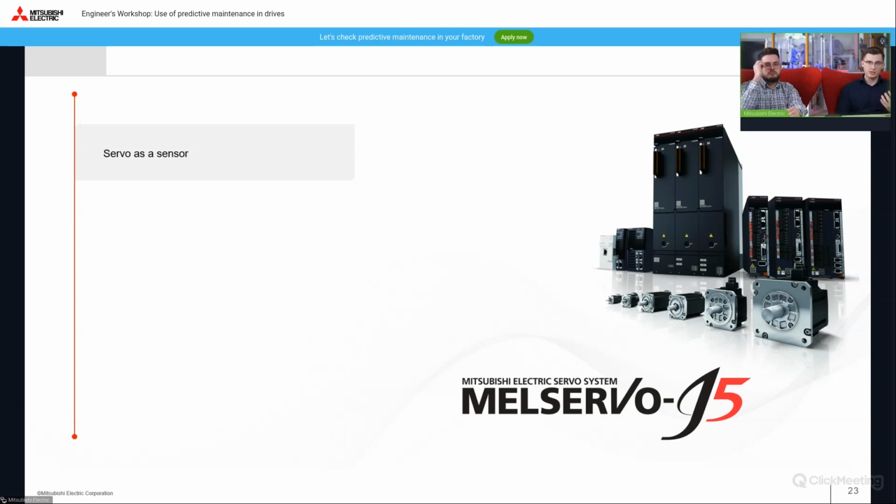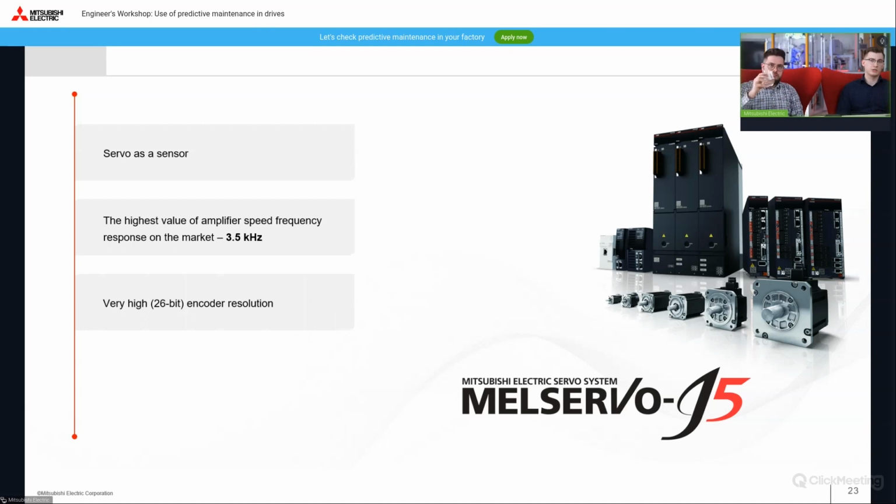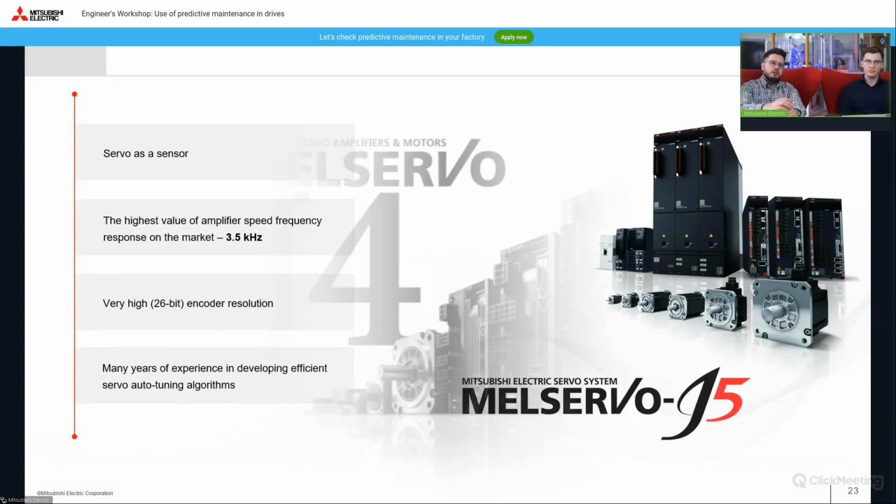For example, high speed frequency response and very high encoder resolution, because it allows very accurate data about the current, speed, and position characteristic to be collected, which translates into an effective auto-tuning algorithm, and this allows static and dynamic motion resistances to be estimated by the drive.